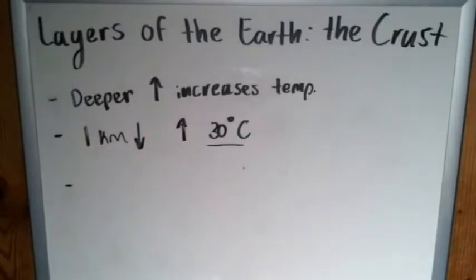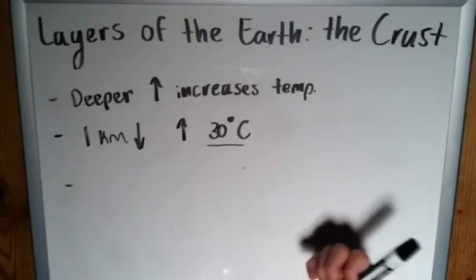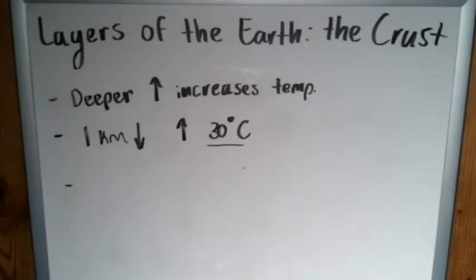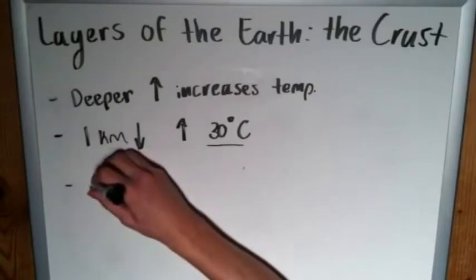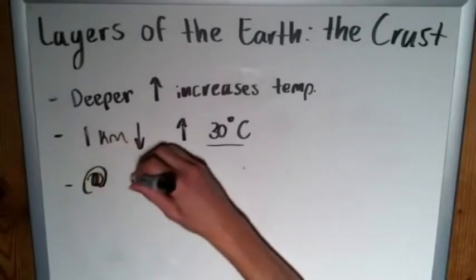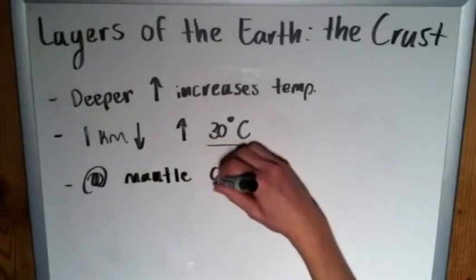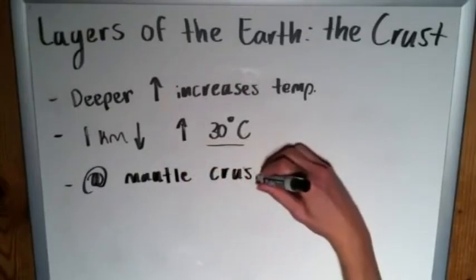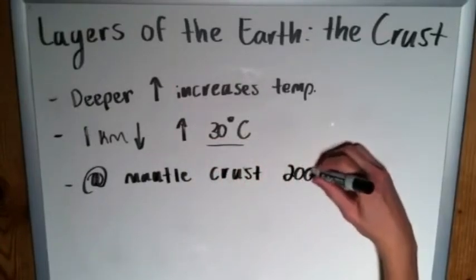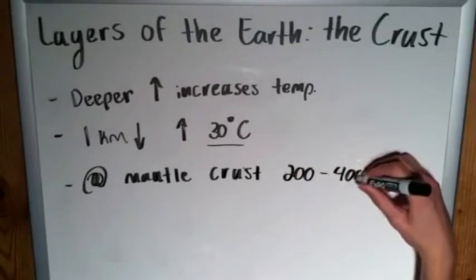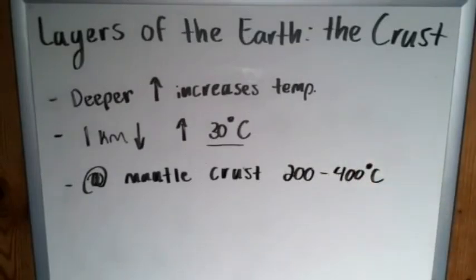And that's on average. Once you get even closer to the contact between the crust and the mantle, this gradient increases even more. And speaking of the contact between the crust and the mantle, at that contact, the crust is somewhere between 200 and 400 degrees Celsius in temperature.